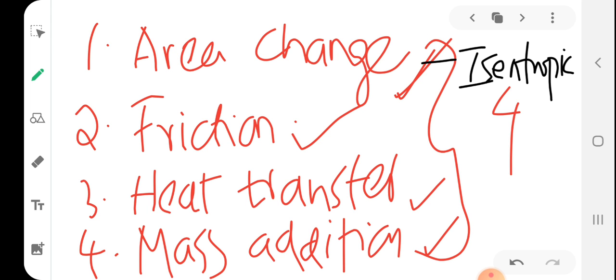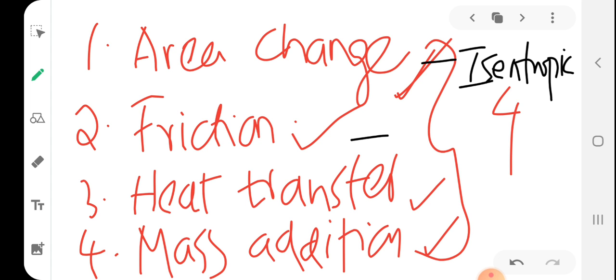Since there is no friction, the flow will be reversible. There is no loss due to friction. There is no heat transfer, which means adiabatic. Reversible adiabatic processes are isentropic processes, and the only driving potential here is area change. So if area change is the only driving potential, this type of flow is also known as isentropic flow.